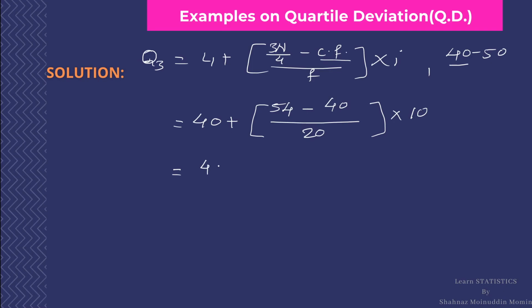After simplification, it is 40 plus 7, so it is 47. Q3 is 47.